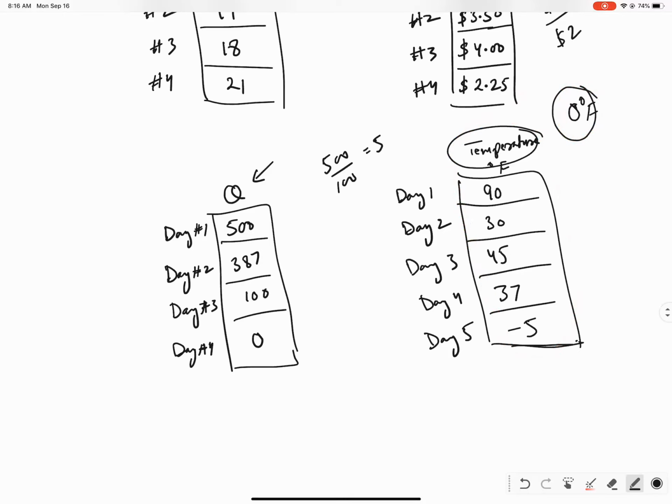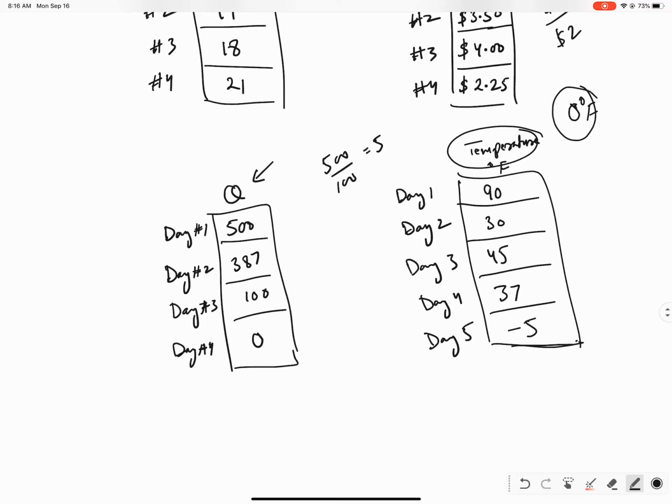So for this reason, I should not interpret the ratios of values on this scale. I cannot say, for example, that the day it was 90 degrees Fahrenheit, it was 3 times as hot as the day it was 30 degrees Fahrenheit. That's a nonsensical statement. We cannot interpret ratios like this. We have an interval variable. If we had a true zero, then our underlying variable would be ratio, and we would be able to interpret ratios.